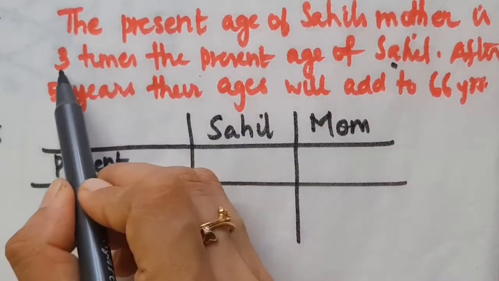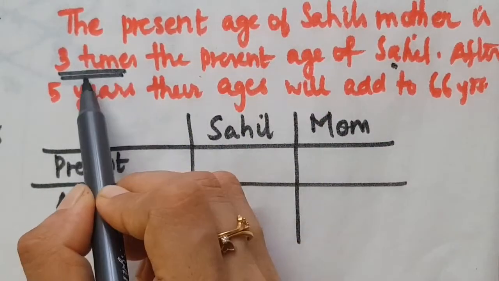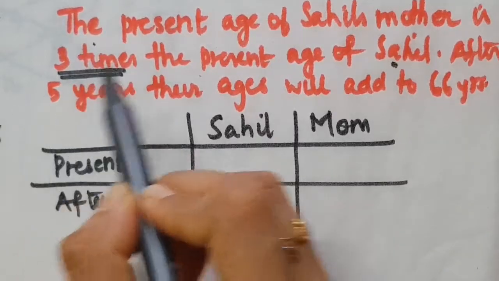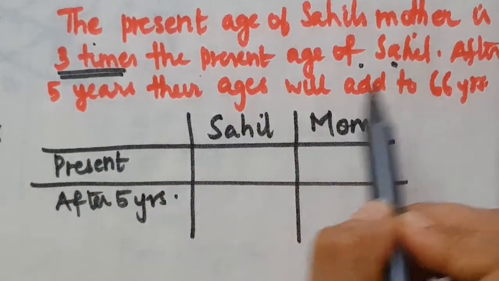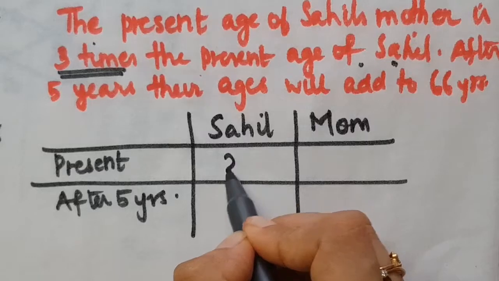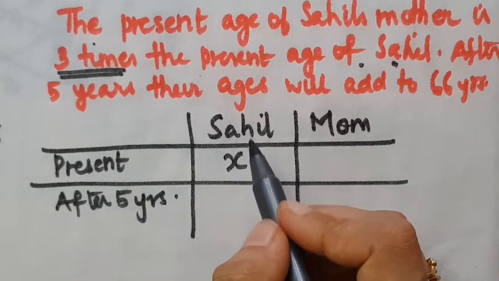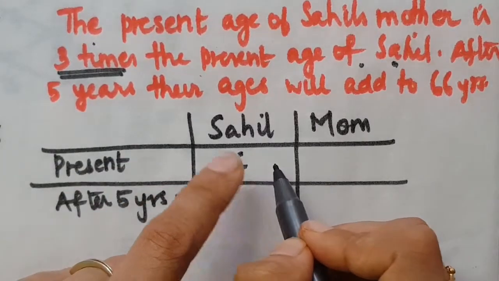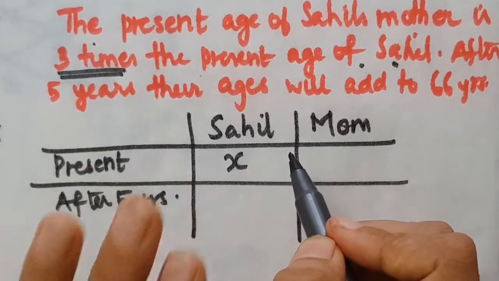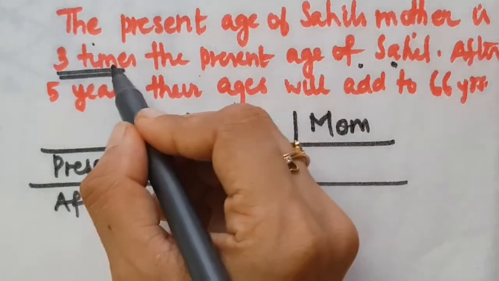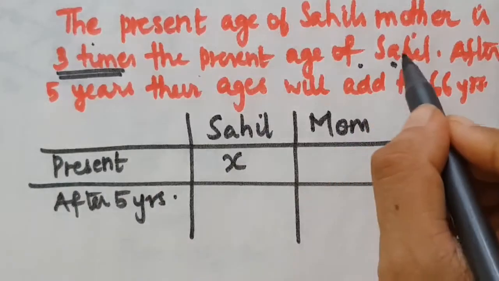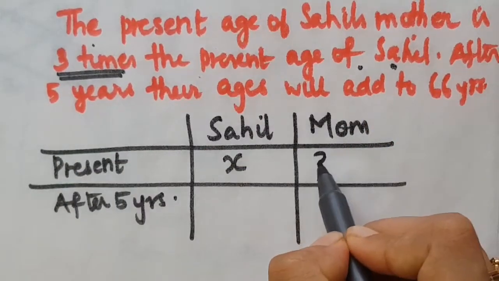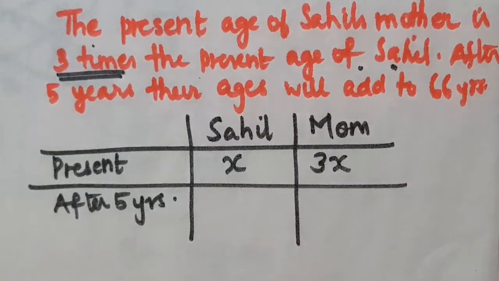So you have to understand the terms from the question itself. So let's say Sahil is x years old now, present age. His mom is 3 times the present age of Sahil, so that is 3 times x.